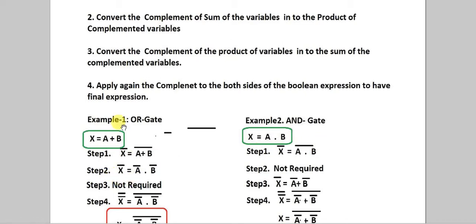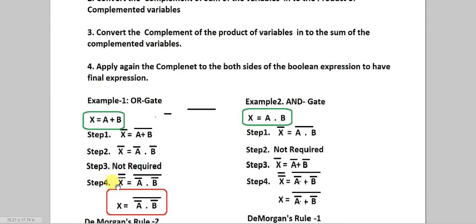But anyway, after that apply the complement again to both sides of the Boolean expression to get the final expression. So we take the double complement on both sides. In this case, x double complement will be equal to x, and we get A complement dot B complement, the whole complement.